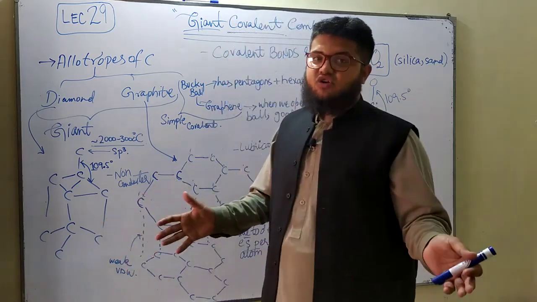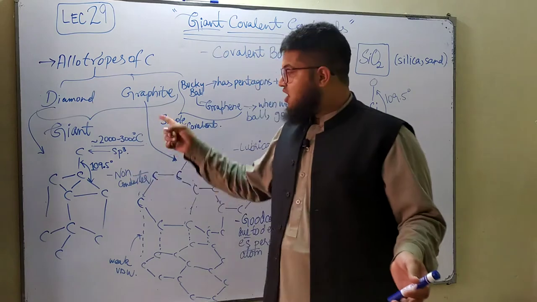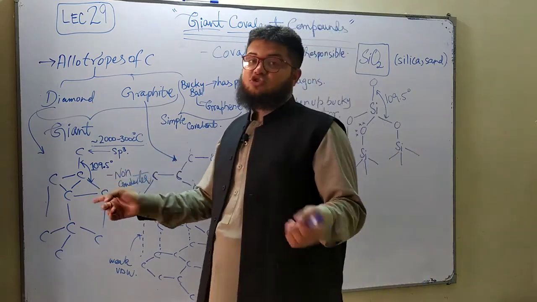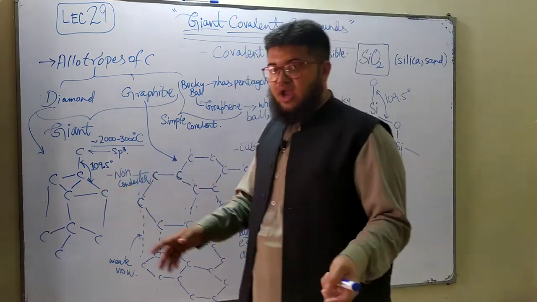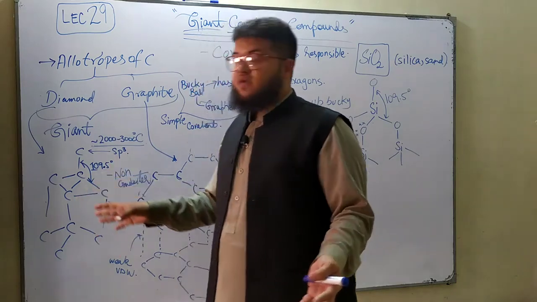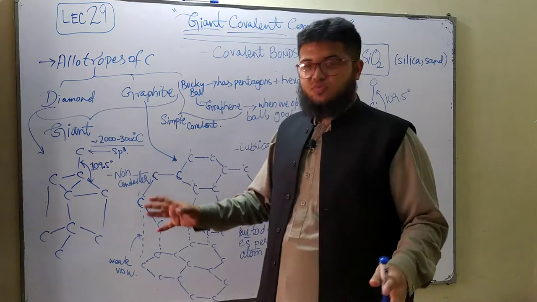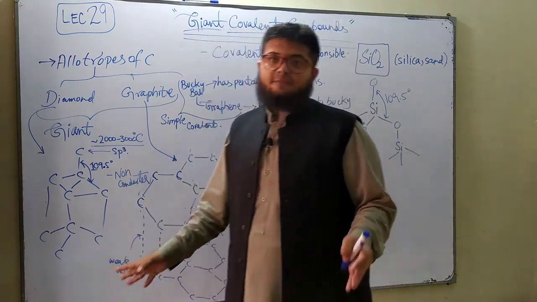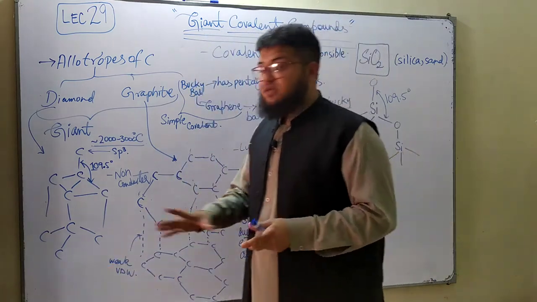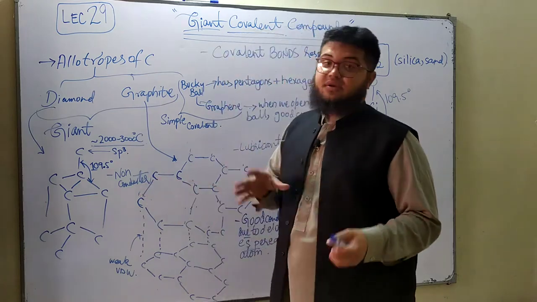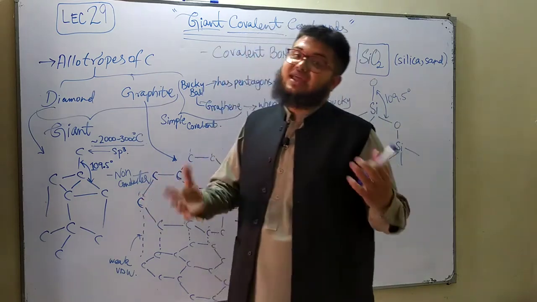Carbon is tetravalent, right? And 4 electrons have been used in the formation of bonds. That means no electron is free to move around, right? And if no electron is free to move around, that means there are no delocalized electrons present in diamond, which actually means diamond is a poor conductor of electricity and heat.